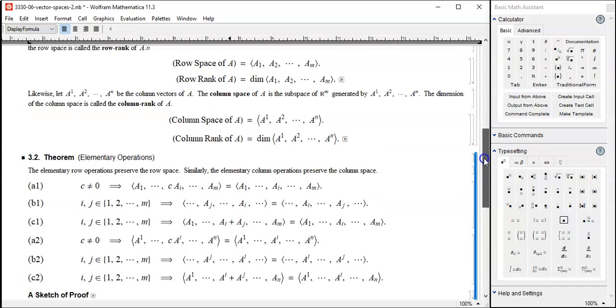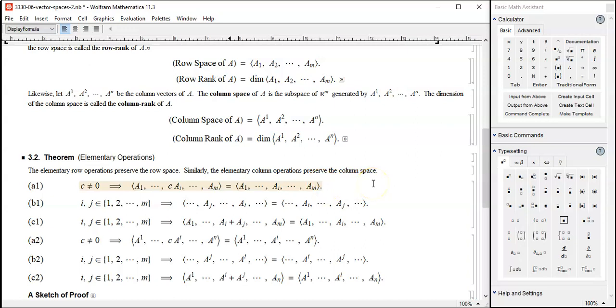Now, an intermediate step is this, elementary row operations. Elementary row operations do not change the row space or column space. So how about this one? A non-zero real number C is multiplied over there. And you see, the row space after the elementary row operation and the original are the same because this Ai can be expressed as 1 over C times this, and vice versa.